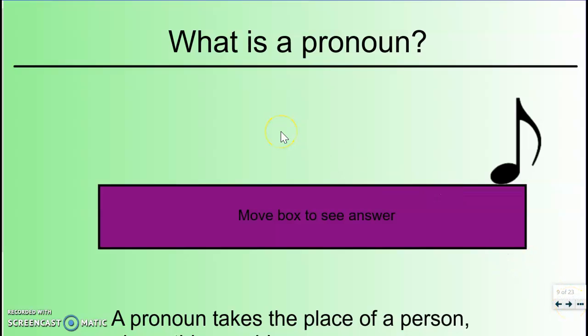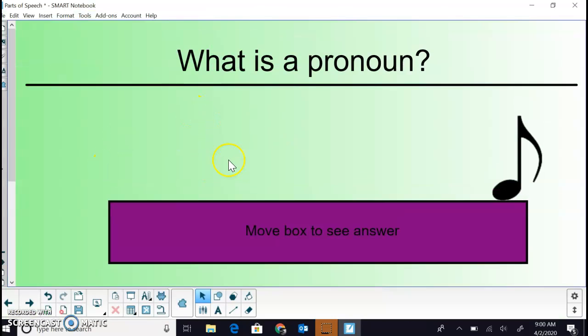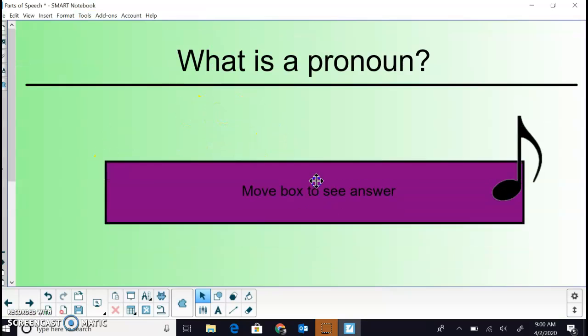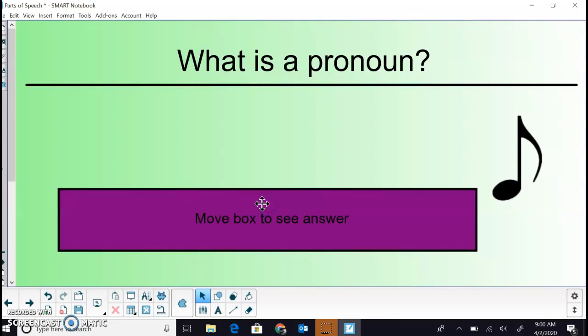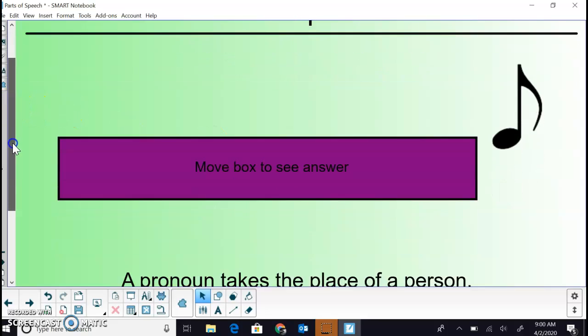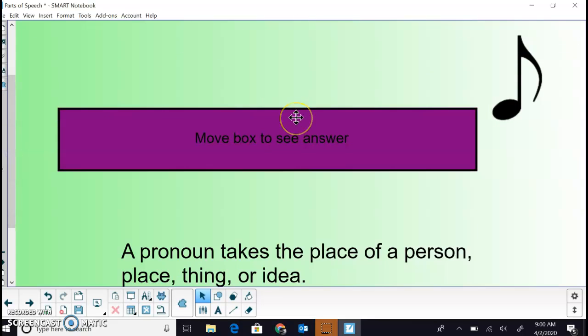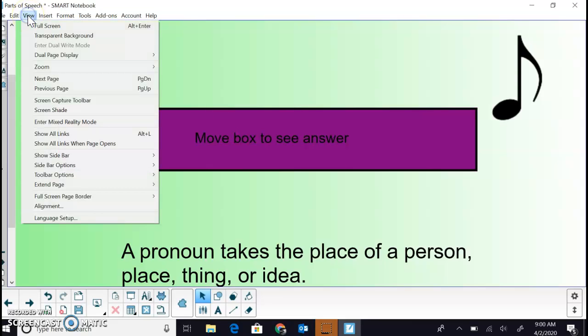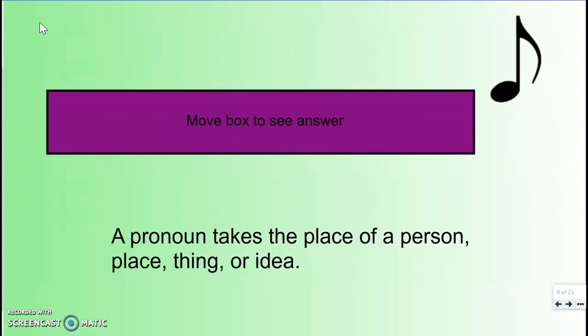Let me see if I can fix this, there we go, that's a little easier. A pronoun takes the place of a person, place, thing, or idea.